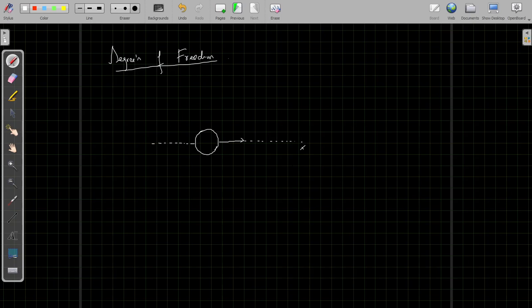So how many coordinates do I need to explain this motion or explain its configuration? I would need only one coordinate, that is x. Right?